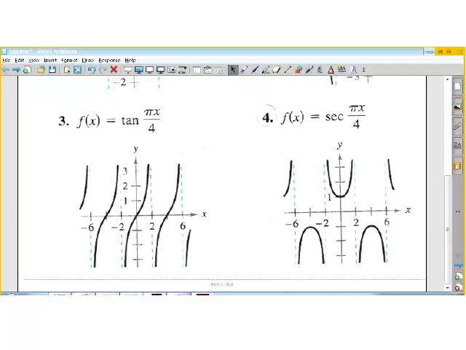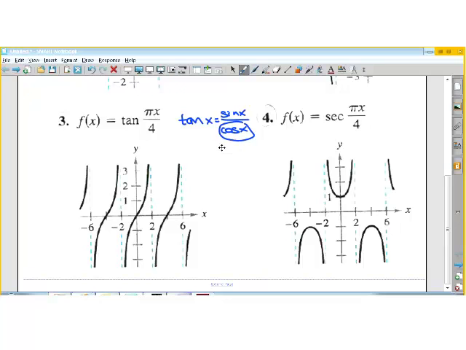Now, a tangent has vertical asymptotes when the cosine goes to 0, because if you remember, the tangent of x is equal to the sine of x divided by the cosine of x. So when this goes to 0, tangent goes to infinity or negative infinity, depending upon the sign of both of these actually.